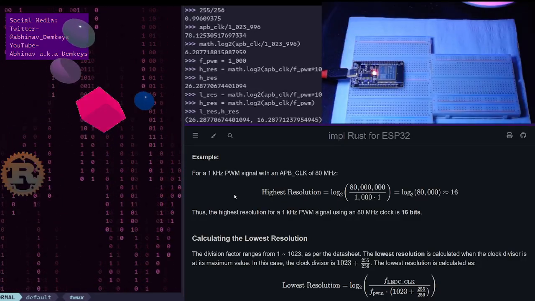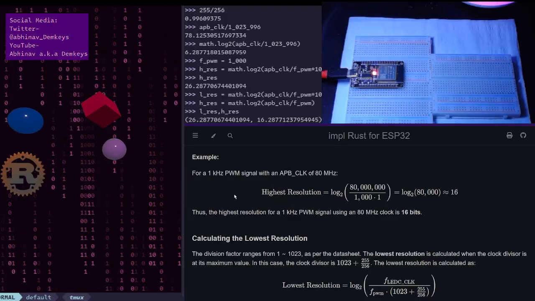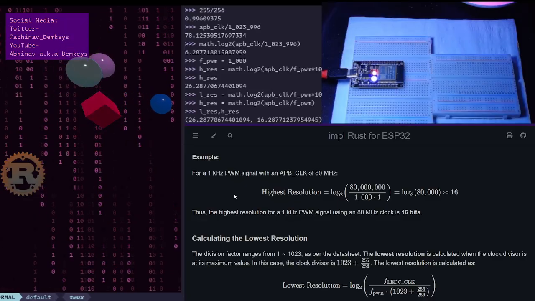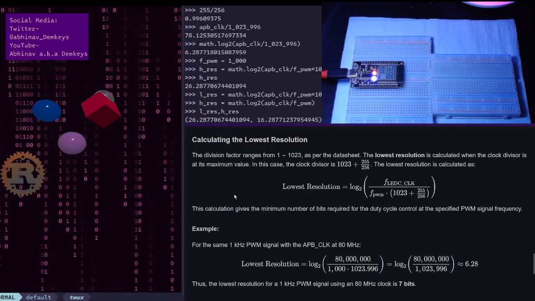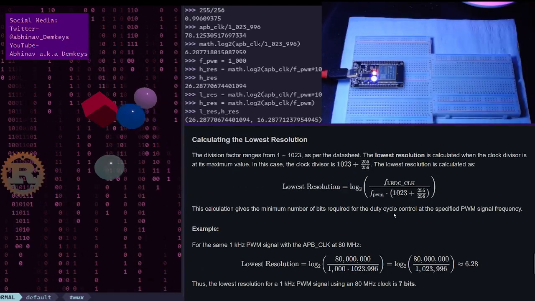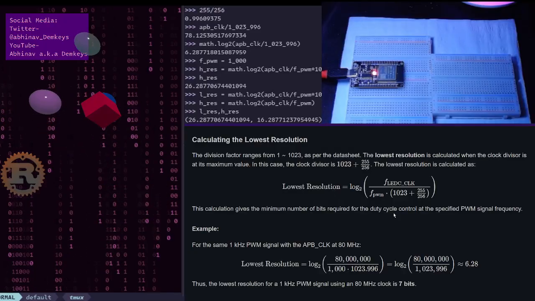Yeah, that still doesn't make sense. So the lowest, the lowest resolution. Back up, back up. Did I miss something here?